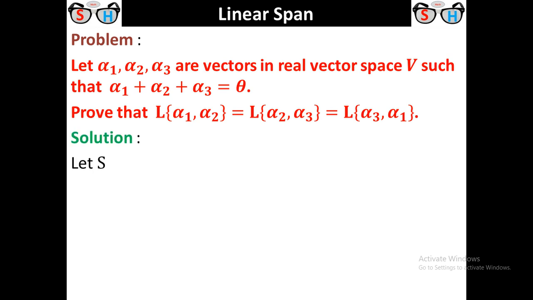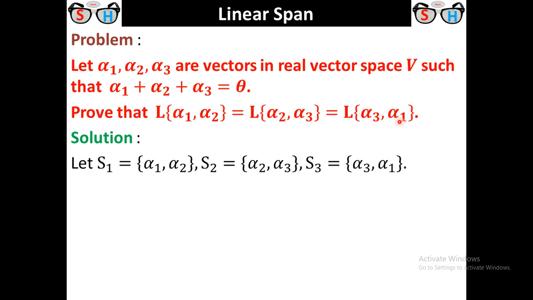Solution. Suppose this is S1, this set is S2 and this set is S3. That is, S1 is alpha 1, alpha 2, S2 is alpha 2, alpha 3, S3 is alpha 3, alpha 1. So we have to show that L of S1 equals L of S2 equals L of S3. Okay. Now alpha 1 plus alpha 2 plus alpha 3 equals theta.